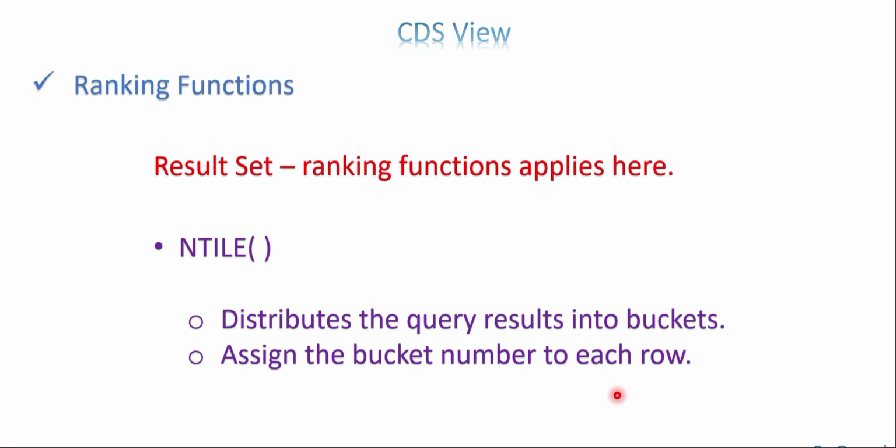Then each record is assigned a bucket value, so you know this belongs to bucket 1, bucket 2, bucket 3. If it doesn't divide evenly, for example 100 divided by 3, one record is extra, so that is added to the first bucket. It's pretty simple, and we are going to see that as well.